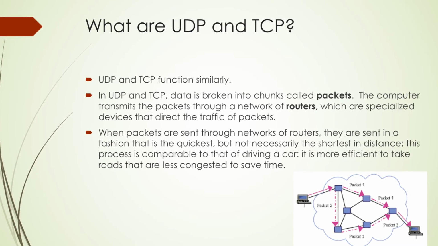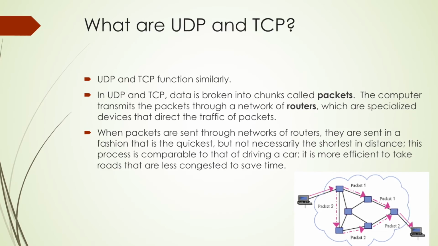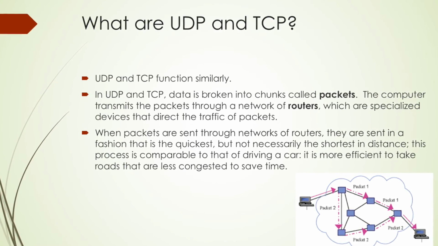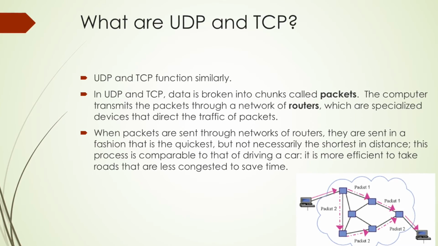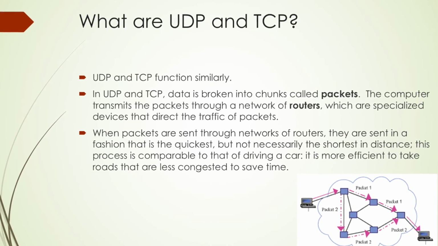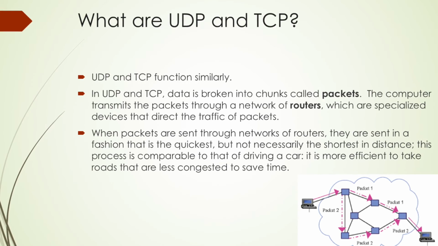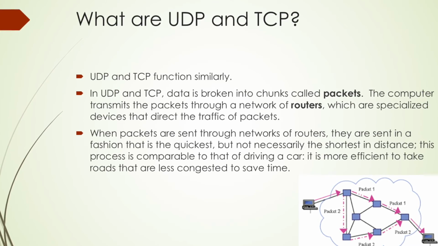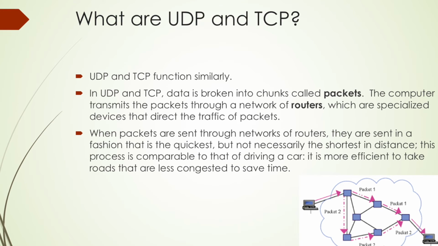When packets are sent through networks of routers, they are sent in a fashion that is the quickest but not necessarily the shortest in distance. This process is comparable to driving a car. It is more efficient to take roads that are less congested to save time. Those road paths might not be the shortest route.